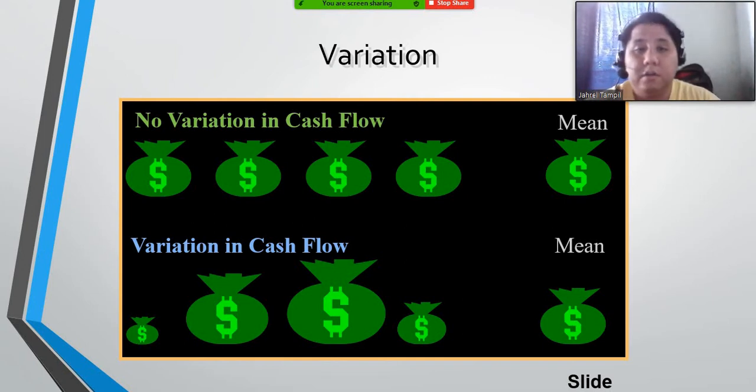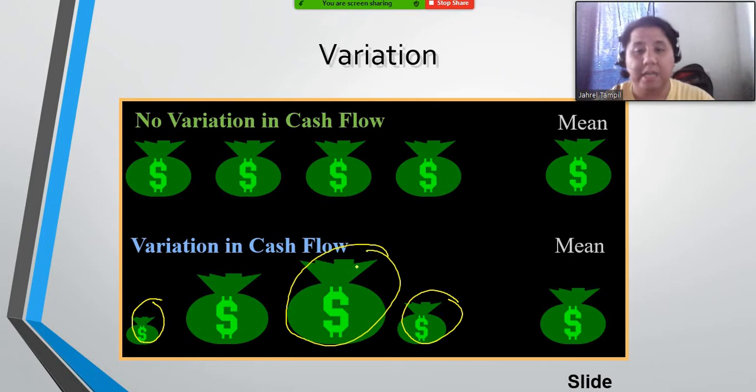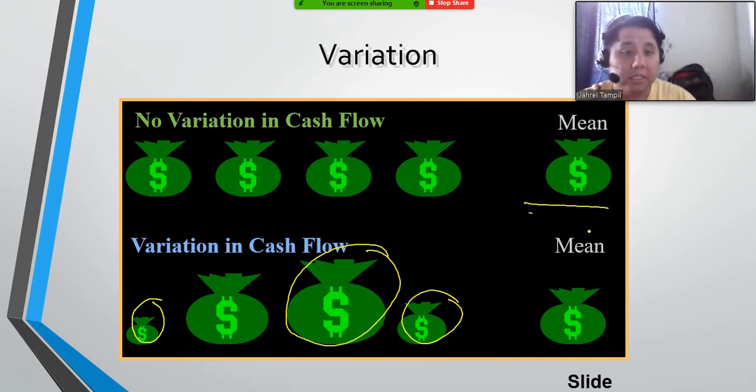However, in the second cash flow, we have different ones. We have small cash flows, regular cash flows, and even big cash flows. So if there's variation in the cash flows, it means there are different amounts that go in. And as you notice, the mean looks like they're the same.